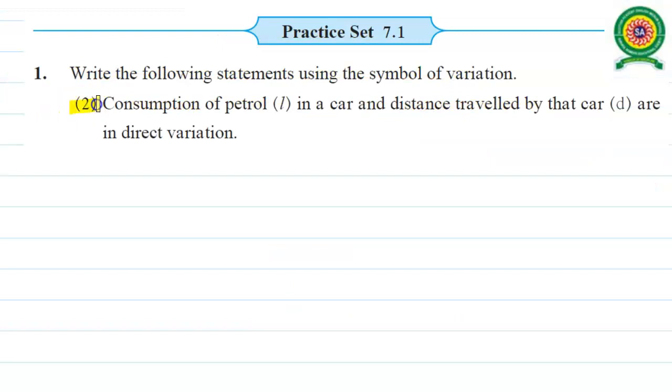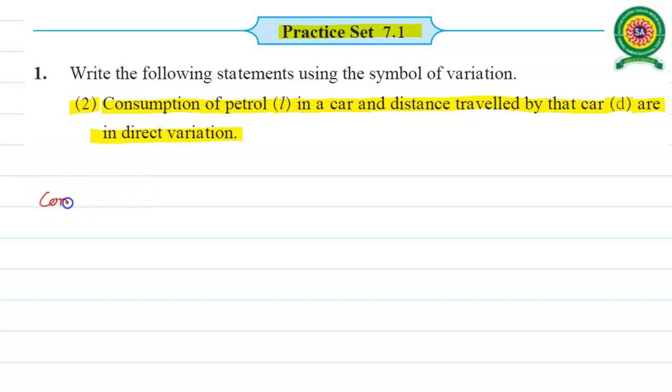Now look at the second sub question within the first question of practice set 7.1. Consumption of petrol L in a car and the distance traveled by that car D are in direct variation.